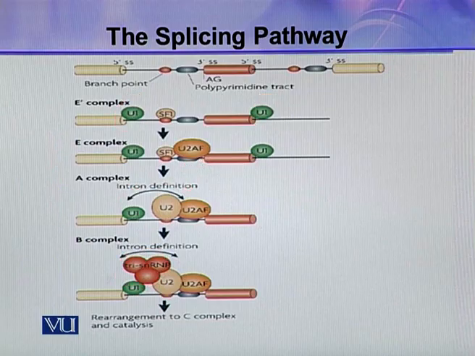So this is the transformation from early E complex to E complex, then to A complex, and finally to B complex, and then this B complex will rearrange to the C complex, and then catalysis will take place.